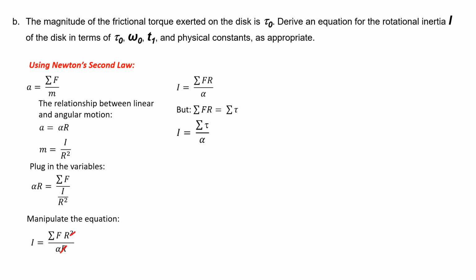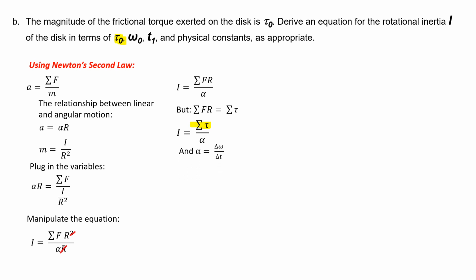But if I'm looking at this, it's simple. I can just change my net torque to torque. However, how am I going to use my omega and t sub 1? Oh, so now let's think about the relationship of angular acceleration. So what else can we think about acceleration?